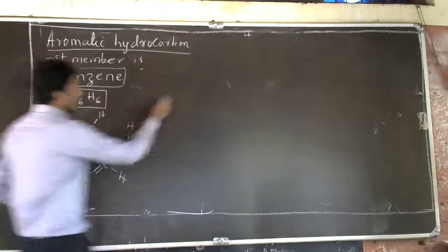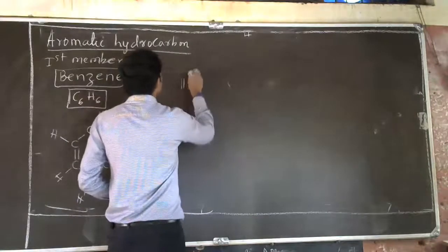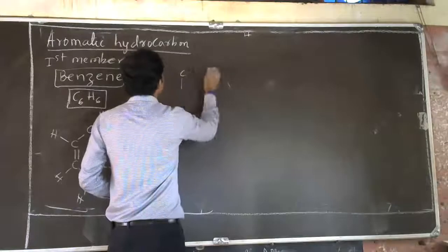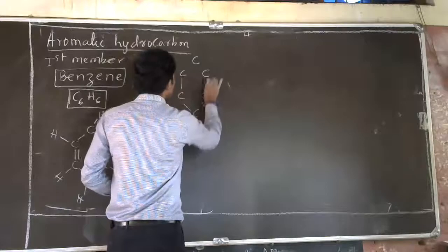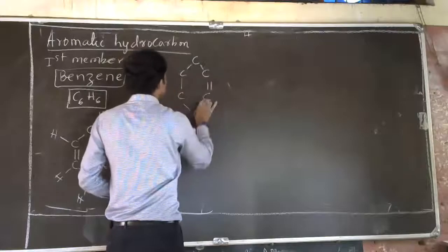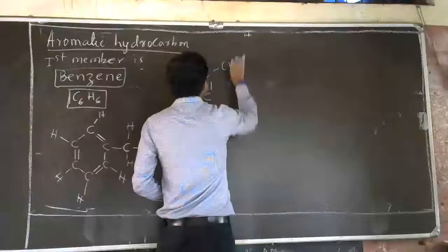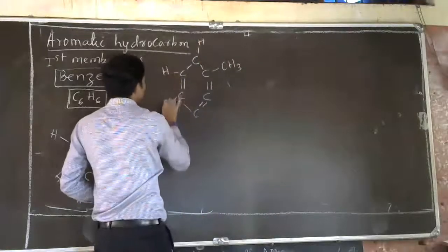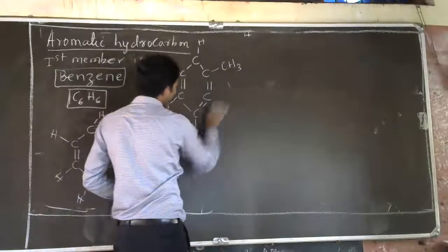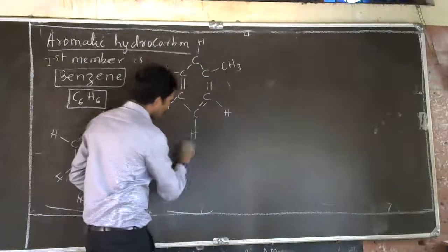This structure is called by a different name. CH3 here, H. This is one of the derivatives of aromatic hydrocarbon, and this is called toluene.